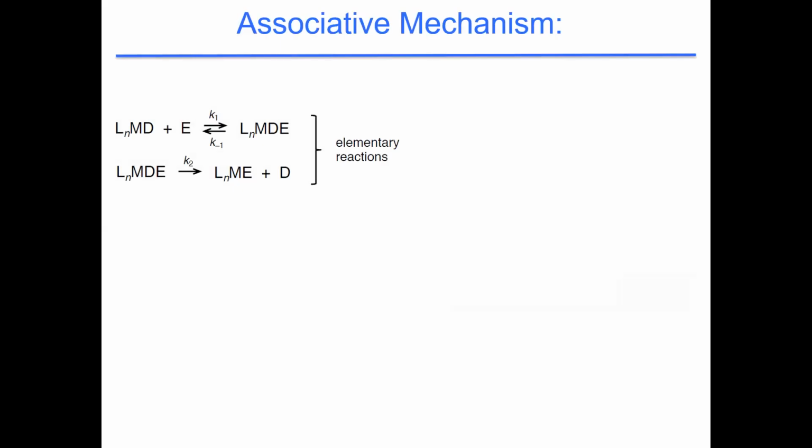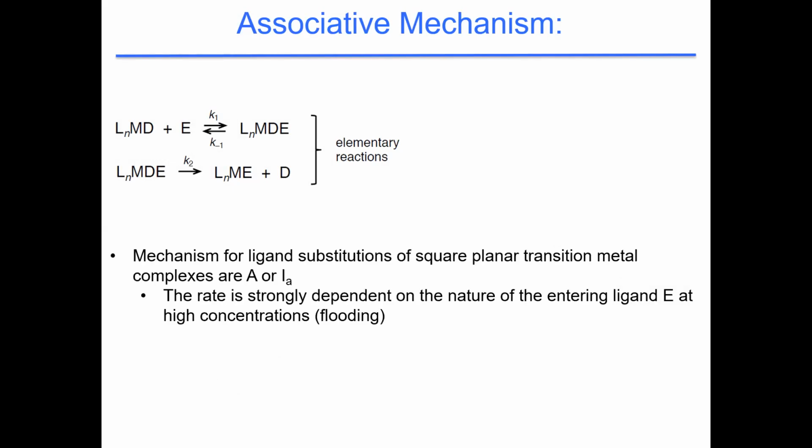Here we have elementary reactions for an associative mechanism, and this relies on the association of an entering ligand to your starting complex and then the loss of the departing ligand. This type of mechanism is most common for ligand substitutions of square planar transition metal complexes, and the rate of these reactions is strongly dependent on the nature of the entering ligand.